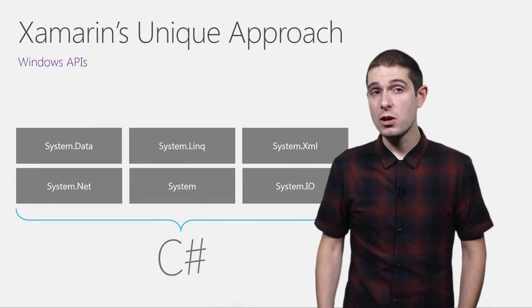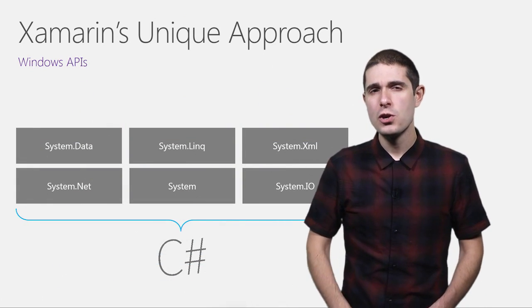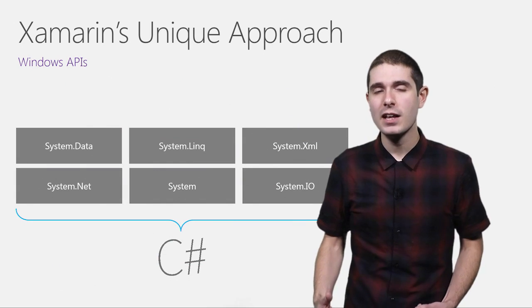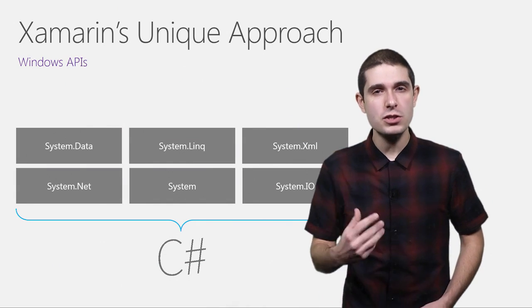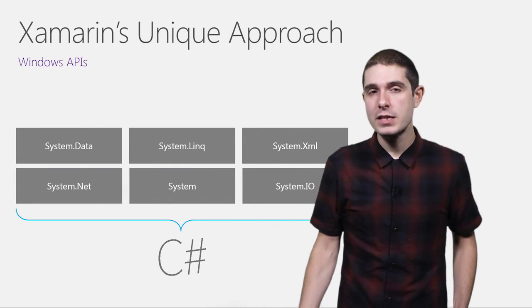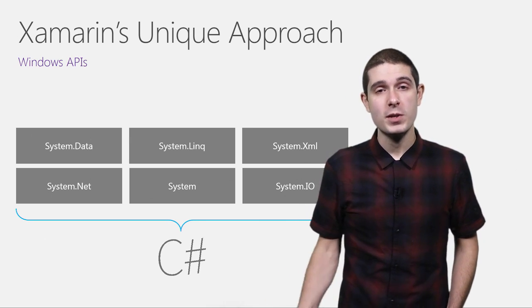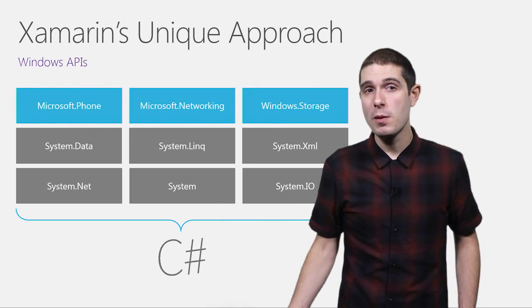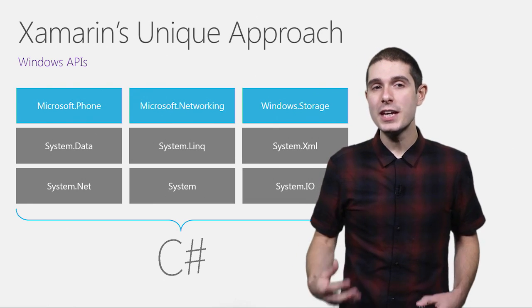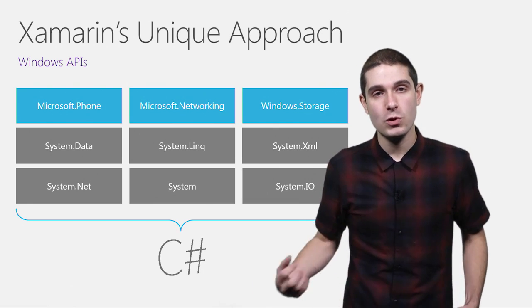If you're wondering how that looks, imagine today in the Windows world. You just have amazing .NET libraries that we know and love. Here's just a few of them: System.Linq, XML, Net. When you want to go to UWP or any other Windows platform, you download an SDK, you get some new APIs to mess around with. You can think of it the same when you go to iOS and Android with Xamarin.